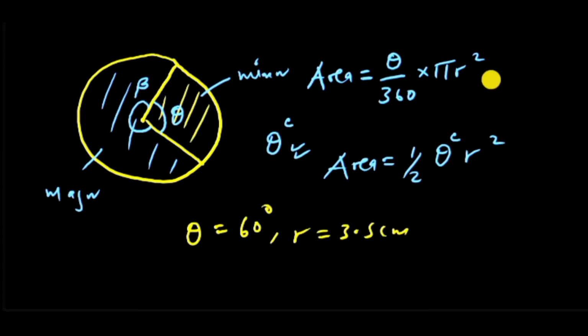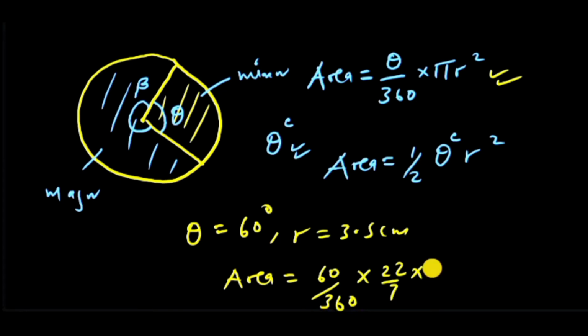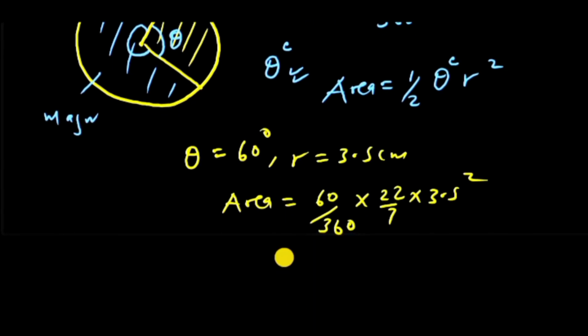For this first formula, we can say area is equal to 60 over 360 times pi times 3.5 squared. And when you work this out on my calculator, I'm able to get 6 and 5 over 12 square centimeters.